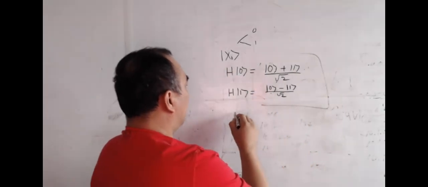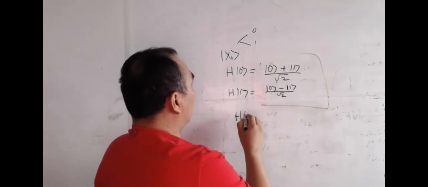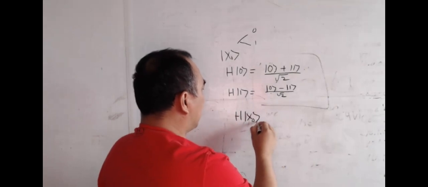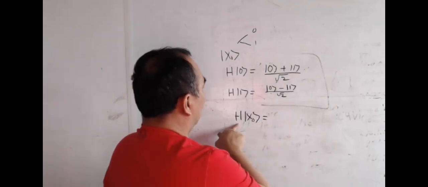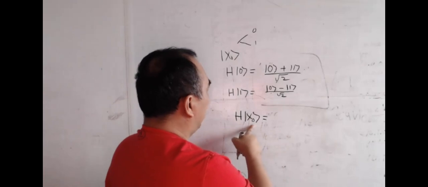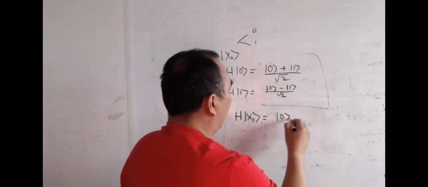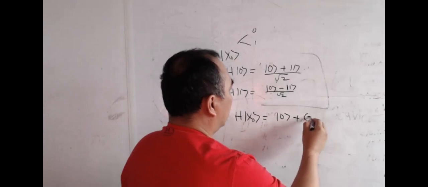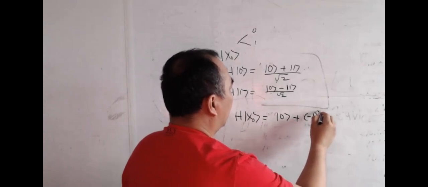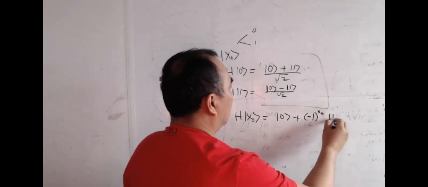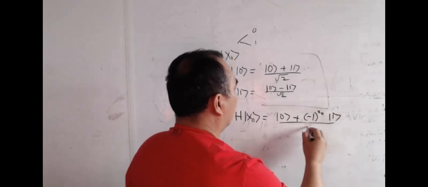We can generalize this by saying that the Hadamard of a qubit x0 is equal to (|0> + (-1)^x0 |1>) over the square root of 2.